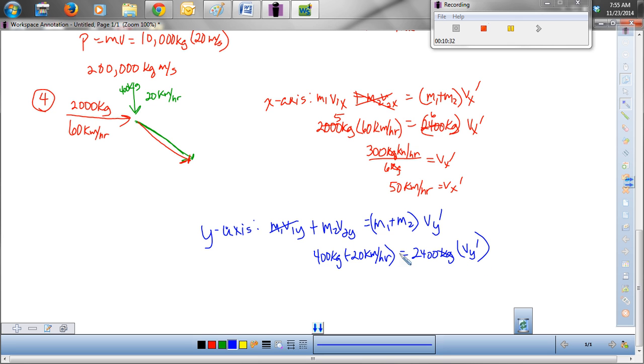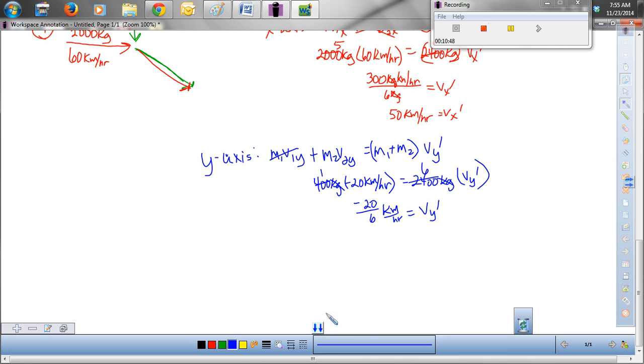Alright, so the kilograms will cancel. This will be 1. This will be 6. So negative 20 over 6 kilometers per hour equals Vy prime. Well, negative 20 over 6, that's the same thing as 3 1/3. So I have negative 3 1/3 kilometers per hour is equal to Vy prime.